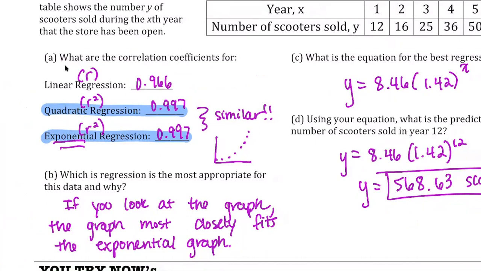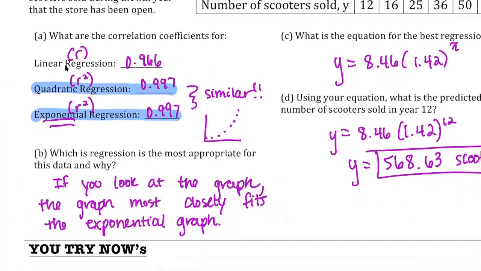So unless it's starting to kind of come back up and form that U, most likely it's more kind of fitting that exponential regression curve. So that's why this one, even though there was kind of a tie with that R value, we would choose the exponential because that's what it most closely resembles, is the exponential graph.